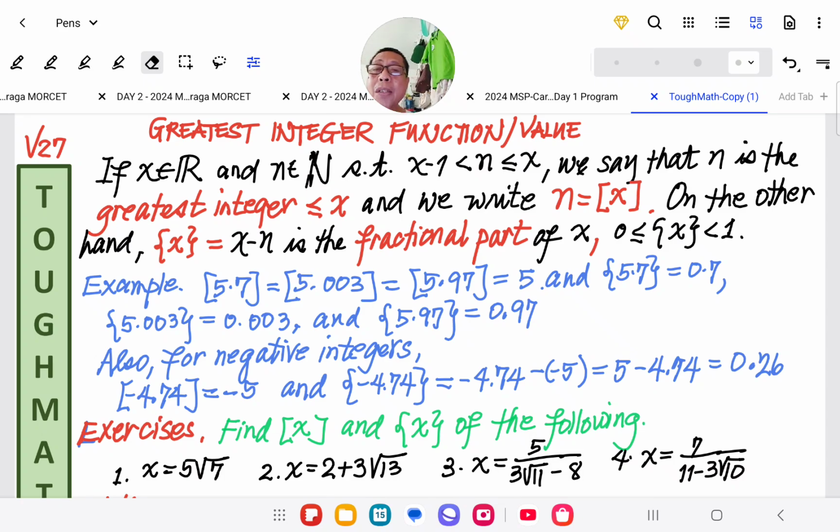For today's discussion, we will talk about the greatest integer function, or the greatest integer value of a function.